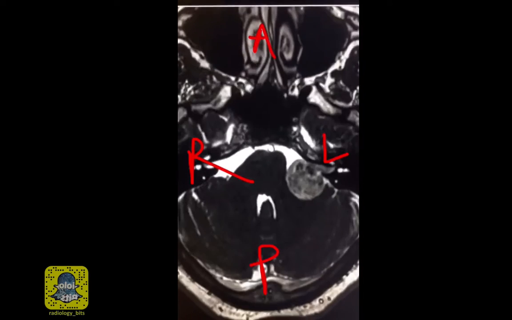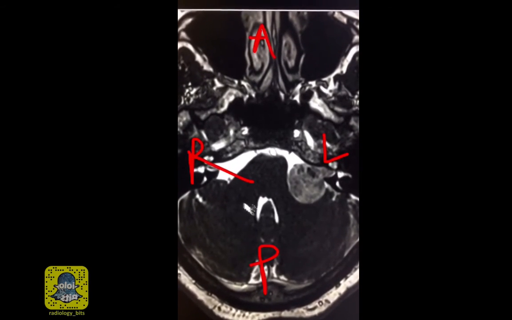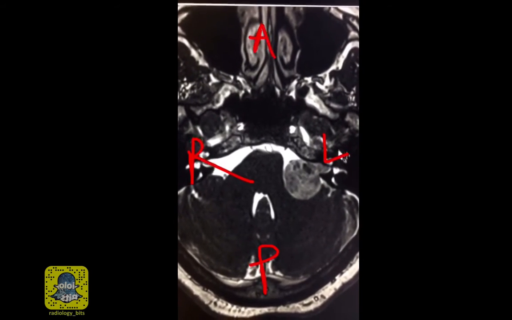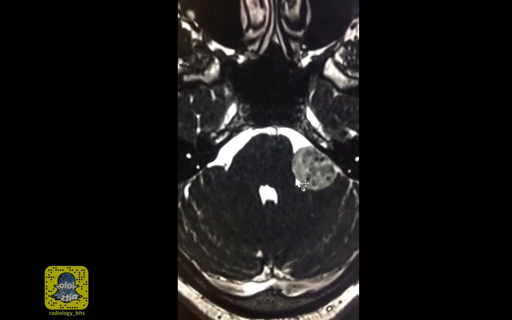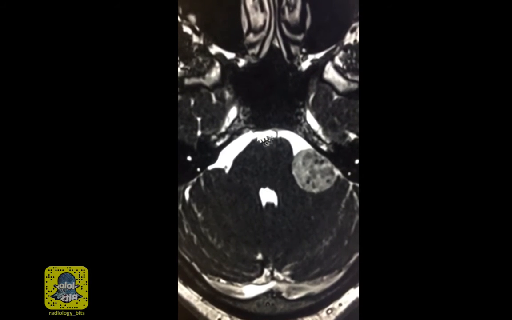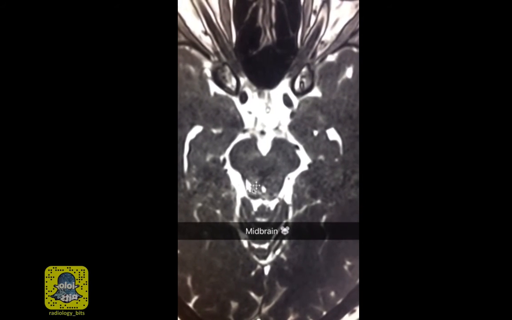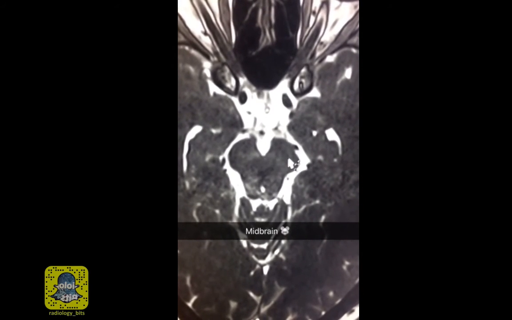And what we're concentrating on here is the posterior fossa of the brain. Here is anterior, this is posterior, this is right, and this is left. And we know the posterior fossa contains the brainstem and the cerebellum. Going from above below, what looks like a Mickey Mouse here is the midbrain.